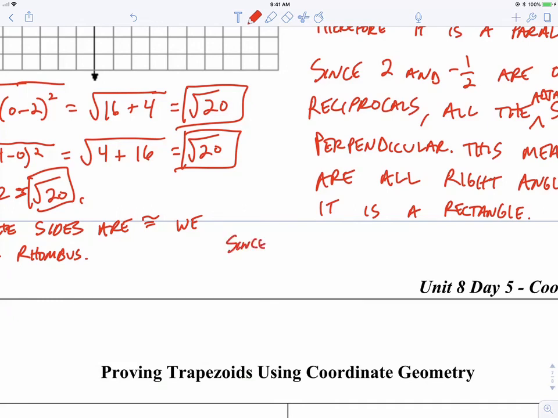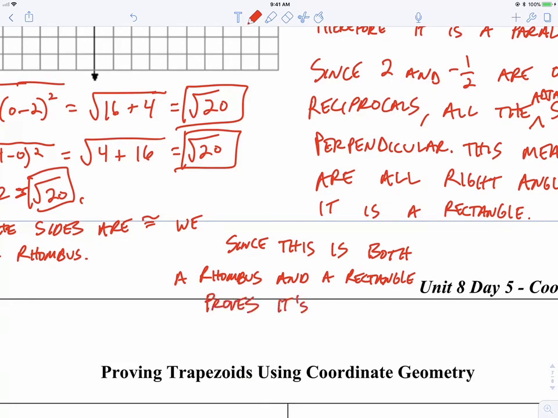So since this final statement is both a rhombus and a rectangle, that proves it's a square. That's kind of your final statement.